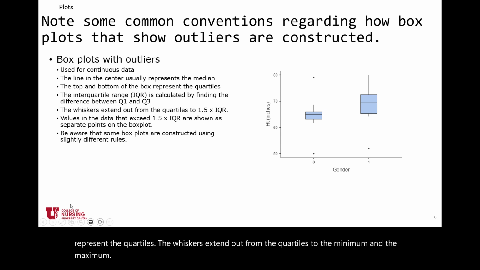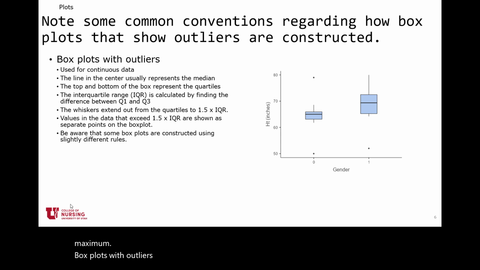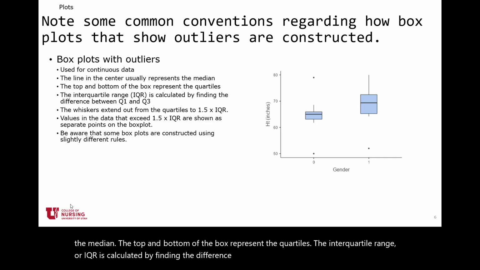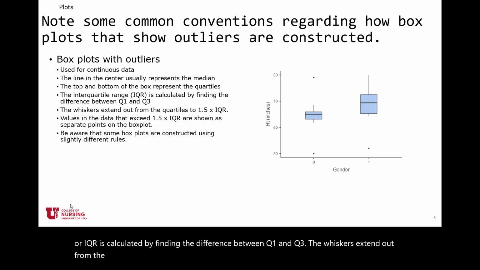Box plots with outliers are used for continuous data. The line in the center usually represents the median. The top and bottom of the box represent the quartiles. The interquartile range, or IQR, is calculated by finding the difference between Q1 and Q3. The whiskers extend out from the quartiles 1.5 times the IQR.